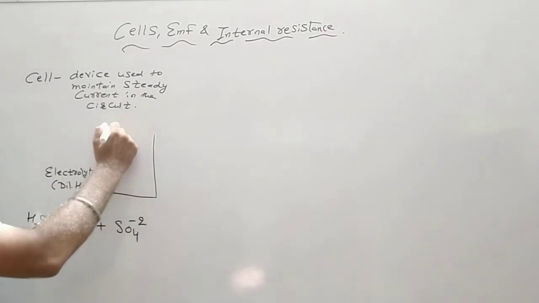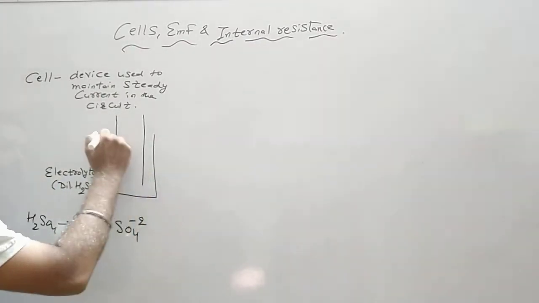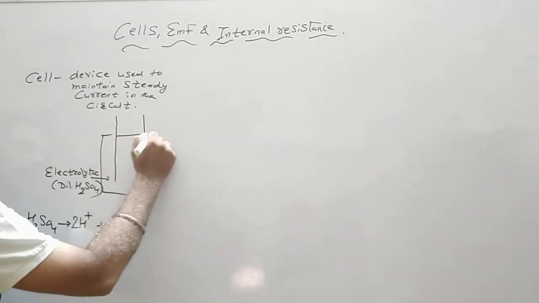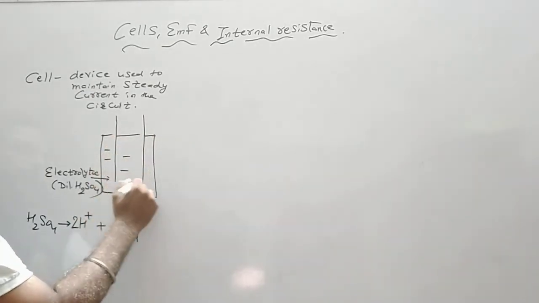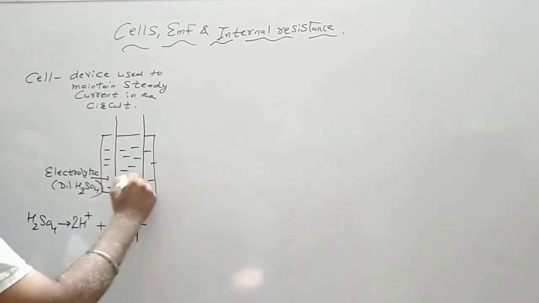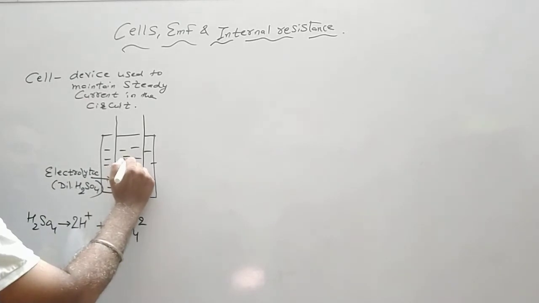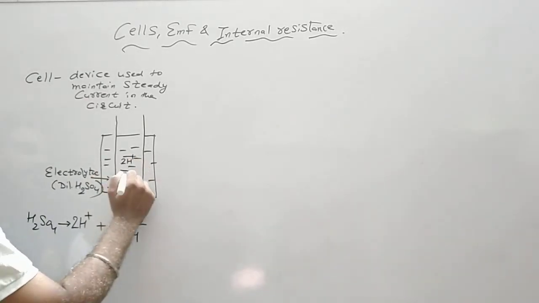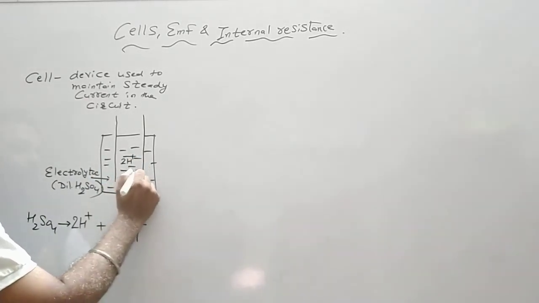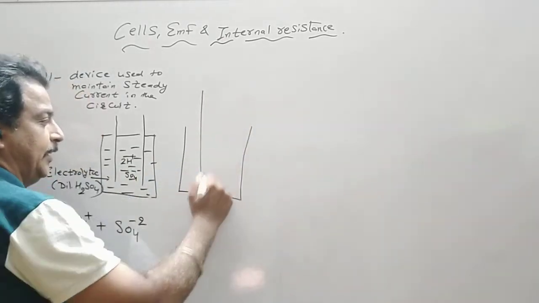Now, two electrodes of metals are introduced in it. So this is our dilute sulfuric acid. According to us, it consists of 2H plus ion and SO4 minus ion. So this is what we have inside the vessel.